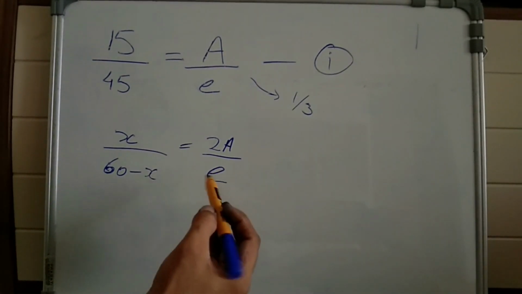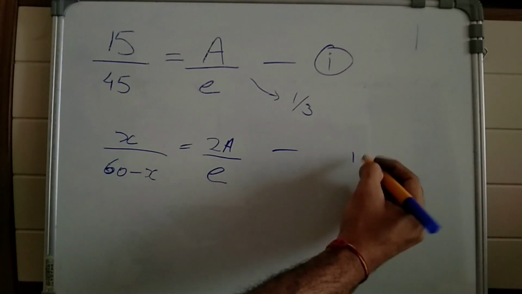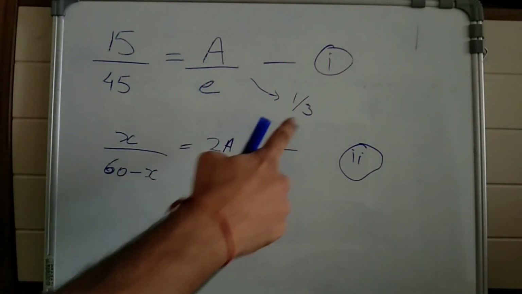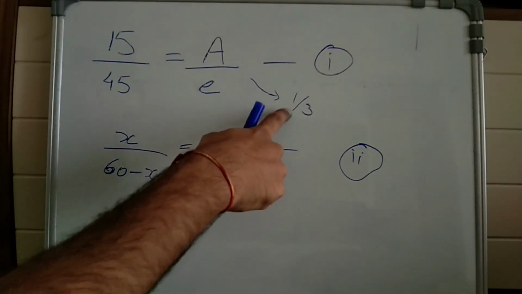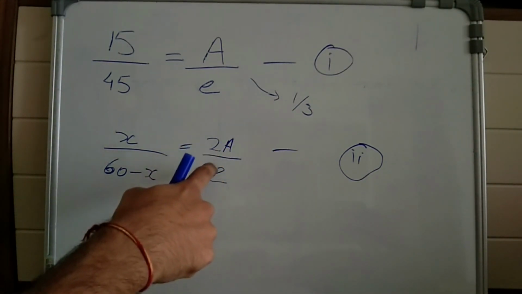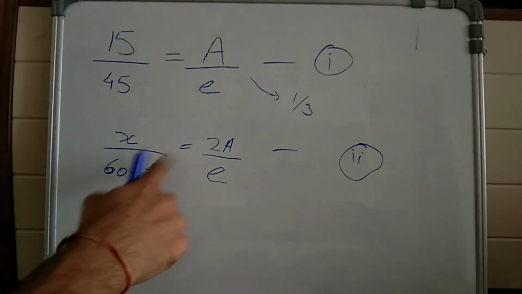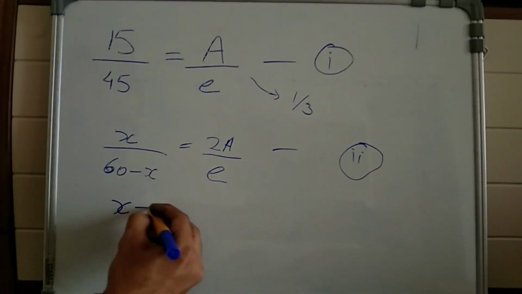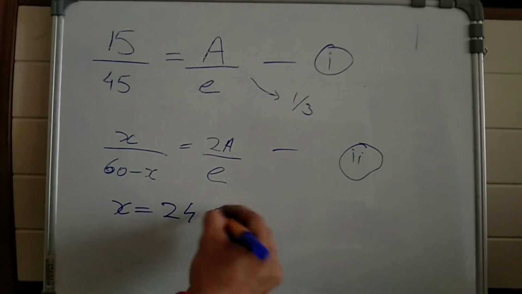The speed of escalator will remain the same. Okay, this is my second equation. So A by E's value is 1/3. So if I put the value of 1/3 over here, this is 2/3, X over 60 minus X. X is coming out to be 24. 24 steps.